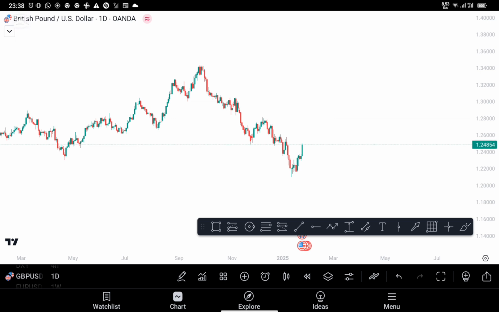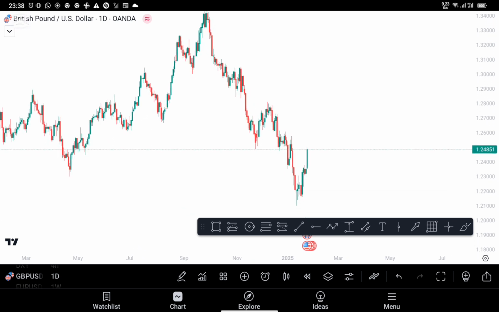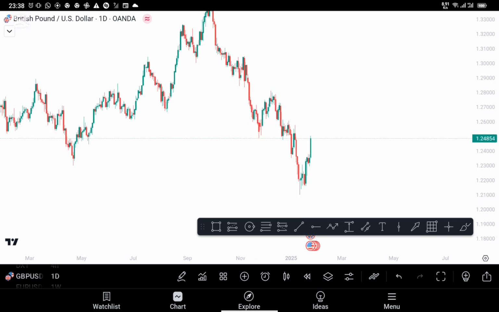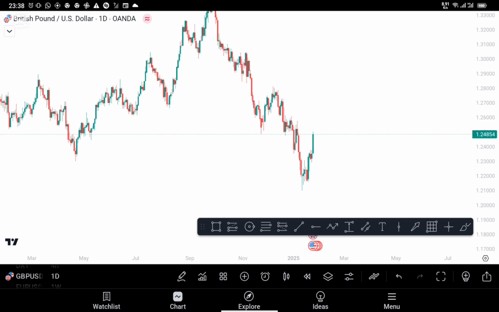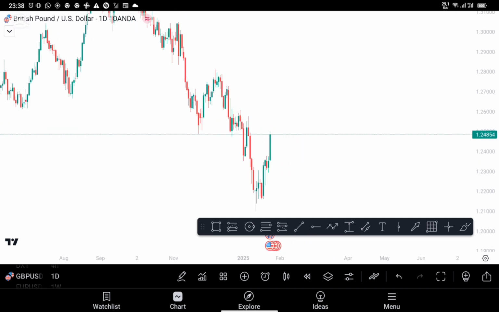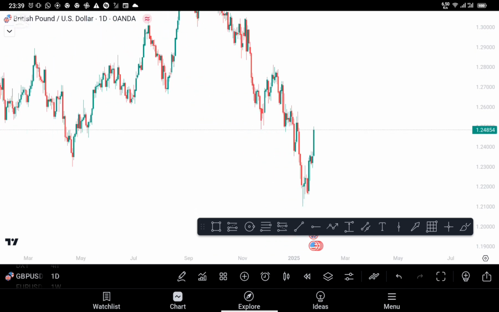If dollar is going down, foreign countries' currency will go up, because it's dollar versus those countries. So here we have the British pound. This is Britain against the dollar, the British pound, which is Britain versus the United States, USA.